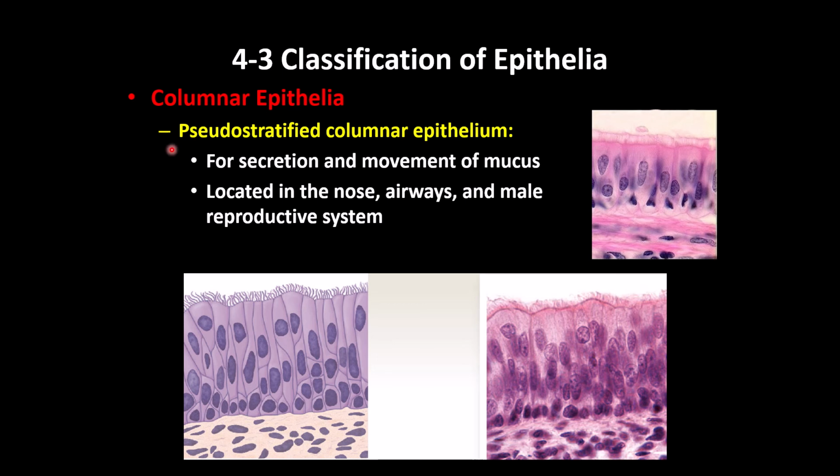The second type of the columnar is called pseudostratified columnar. It means that it looks like stratified, but they are not. Looks like, but they are not. So you can see these cells that are there, and you can see these ones. Actually, these are better examples that you can see here.